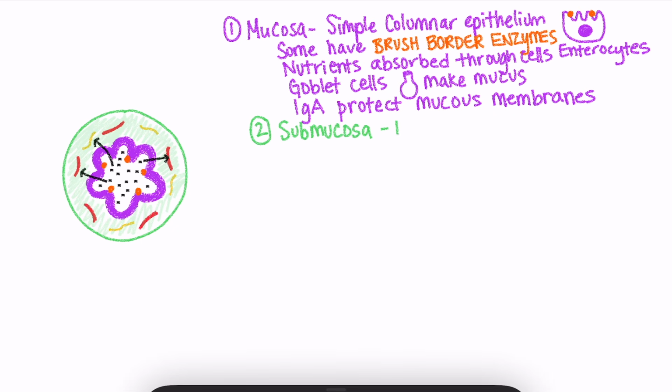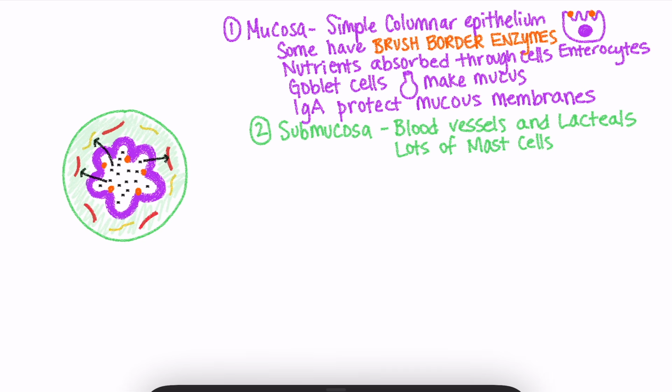This is where we find the blood vessels to absorb amino acids and monosaccharides, and the lacteals that can absorb fatty acids. You also find lots of mast cells here. These are a kind of white blood cell, and they're going to help, again, to defend your body against foodborne illness.